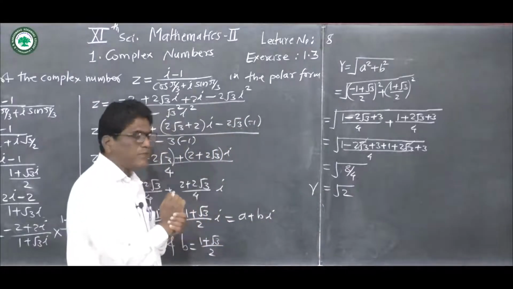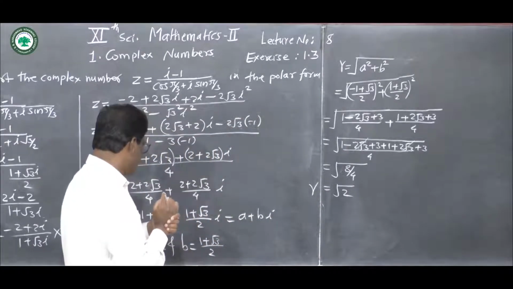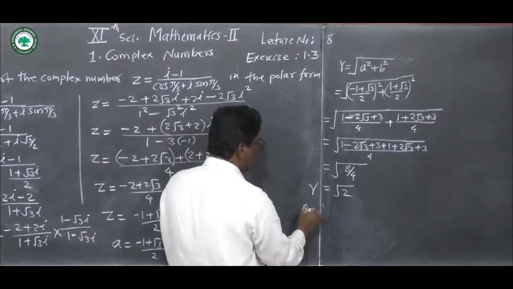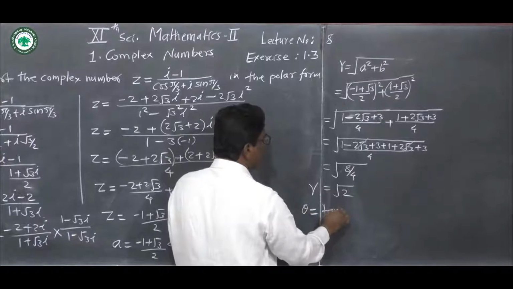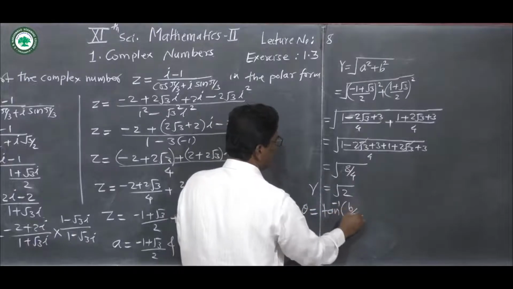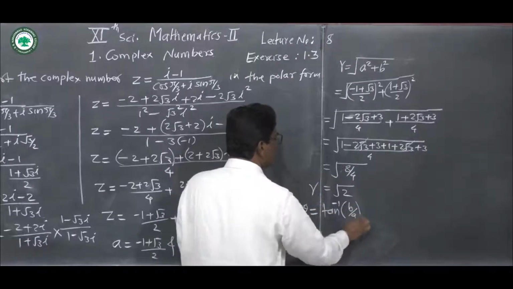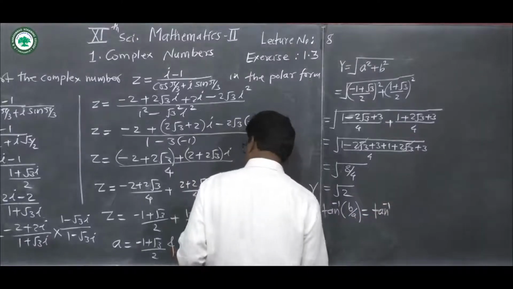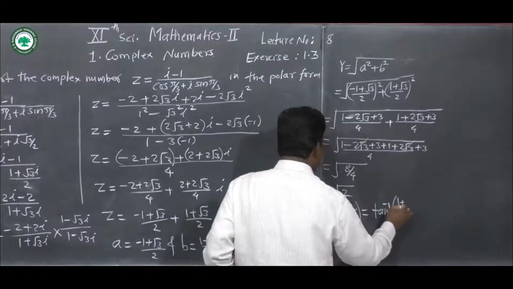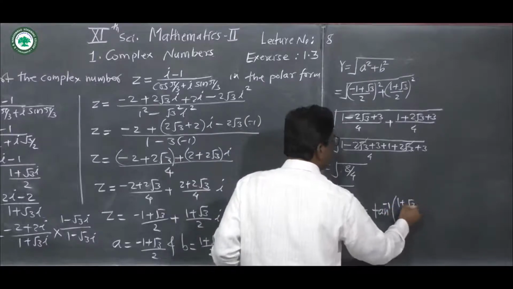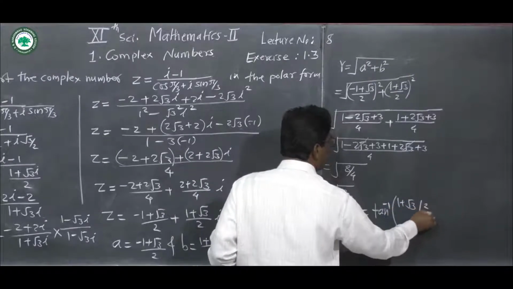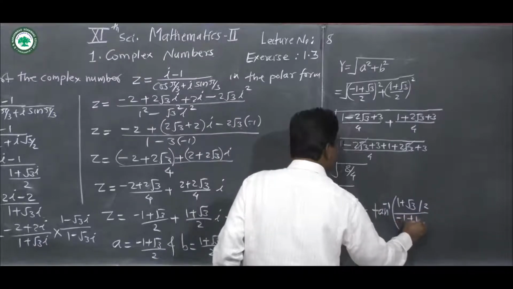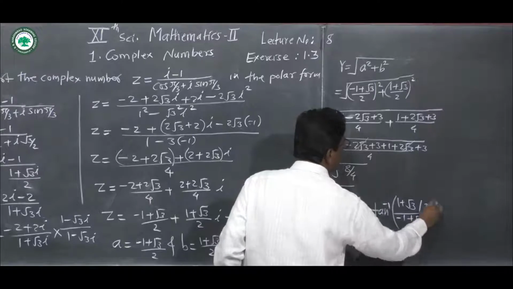And now here we find theta. Theta is equal to tan inverse of b upon a. This is the formula. Theta is tan inverse of b upon a. It is equal to tan inverse of b, means here 1 plus root 3 divided by 2, divided by minus 1 plus root 3 and divided by 2.